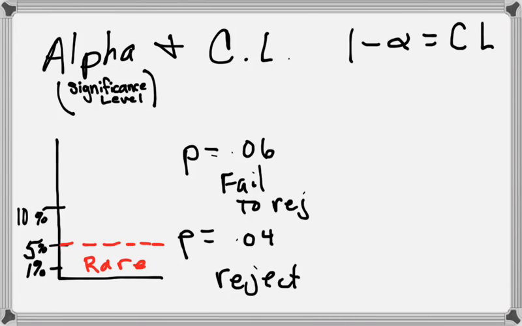Is it practically different? You're talking about a value that's pretty much the same number, but one rejects the null, one fails to reject it. In either case, you have a lot of evidence against the null hypothesis. Even though you have evidence in one of those, the other one, you do not have enough evidence to reject the null because we decided on an alpha level of 0.05, a significance level of 0.05.